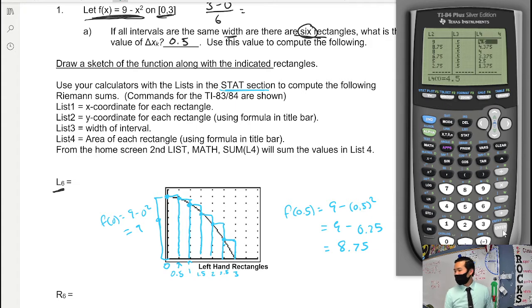So now, moving back here, this is the area of the first rectangle, which makes sense because it has a height of 9 and a base of 0.5. If you do 9 times 0.5, you get 4.5, which the calculator finds for you. Now I have this height, this base, and this area calculated. It's done for all 6 of them, isn't it?